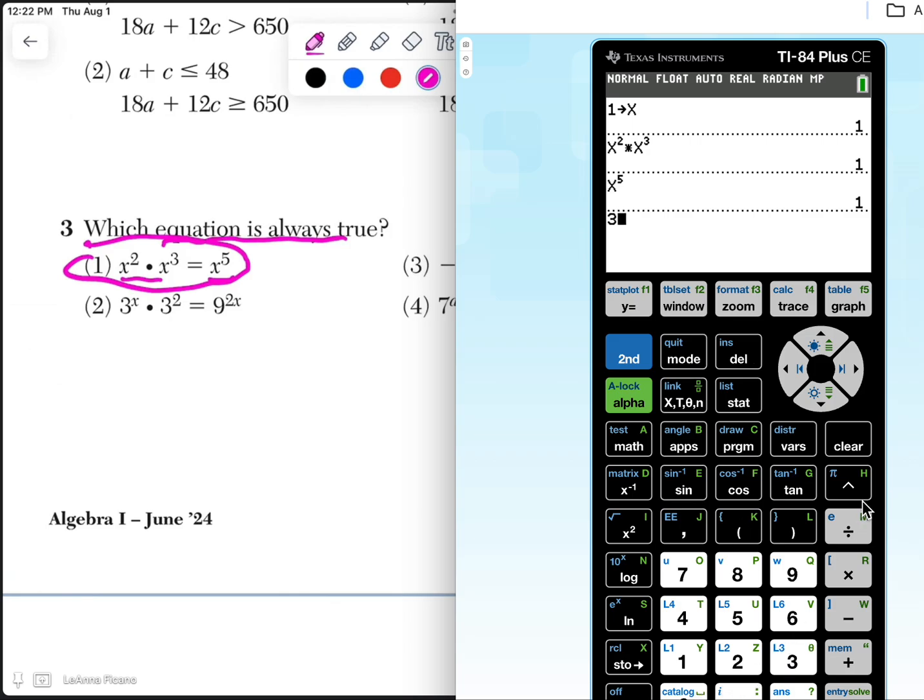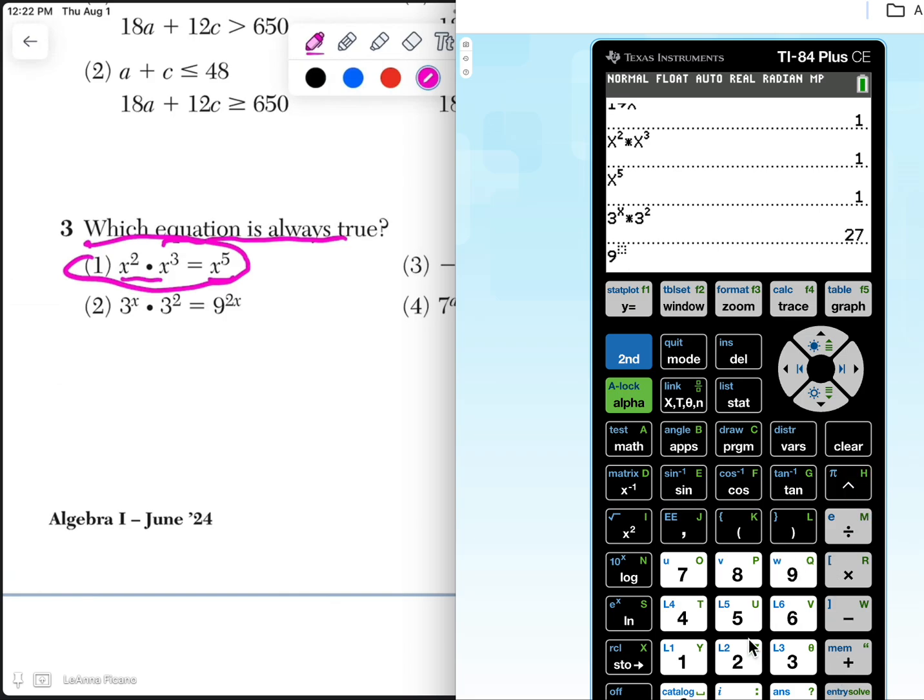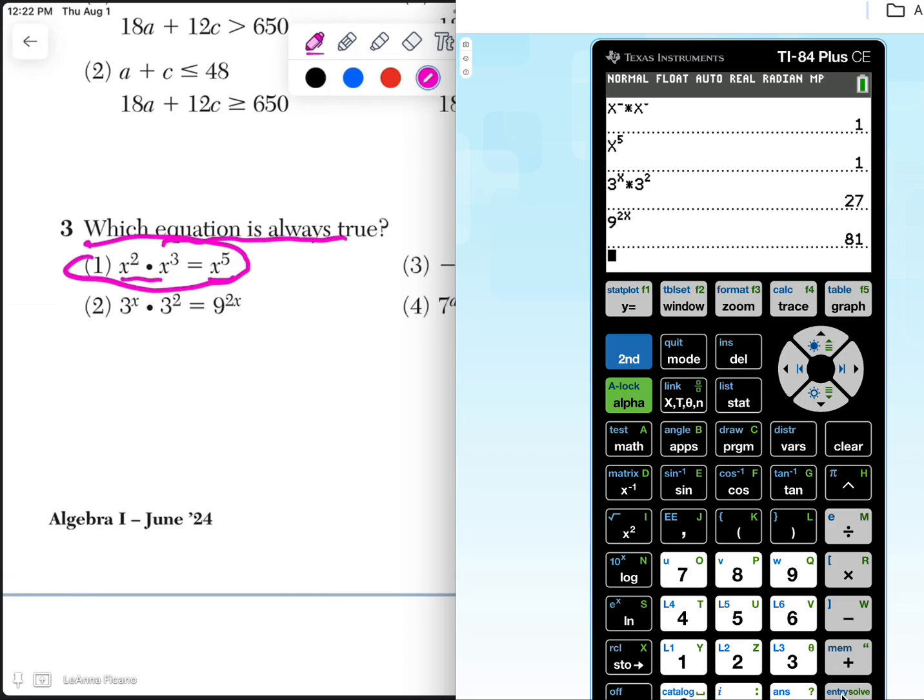So we have 3 to the x times 3 squared, and that gives me a value of 27. So when we do 9 to the 2x, we get 81. So 27 on one side of the equal sign and 81 on the other, they are not equal.